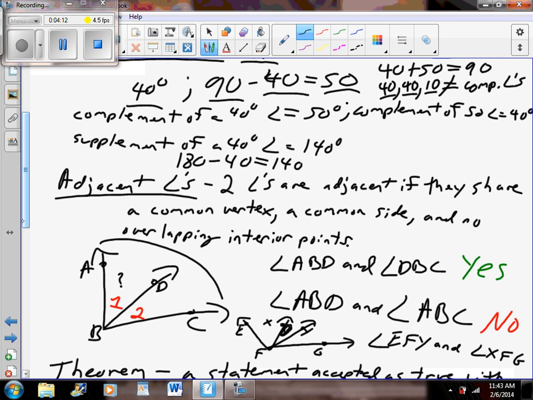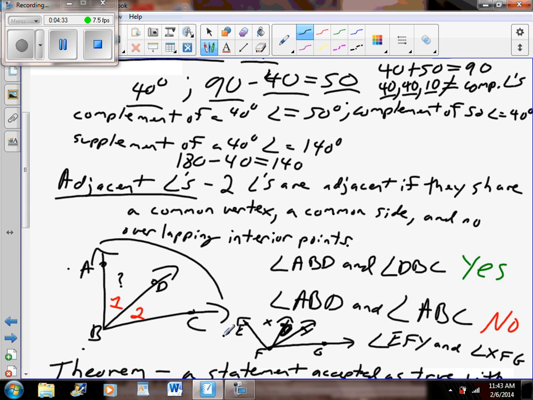Okay? So, I drew this diagram here of the big angle ABC. Now, ray BD extends from the vertex B. What I have done here is created an angle.